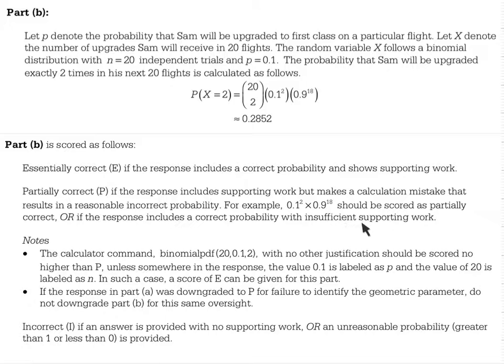or if the response includes a probability with insufficient supporting work. Here again, the calculator command binomialpdf with no other justification is no more than partially correct, unless somewhere in the response the value 0.1 is labeled as P and the value of 20 is labeled as N. So if this is what you show for your justification, you also have to say N equals 20, P equals 0.1, and I would also say for my scoring purposes that X equals 2.